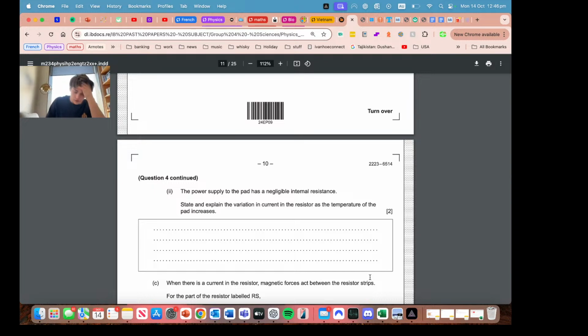Okay, two of the secondary coils, P and Q. Let's find P and Q. Circle that on my paper. Are connected in series to a diode bridge.